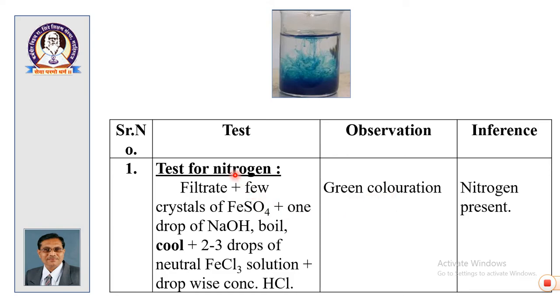See the set of reactions again. You begin with the filtrate, add FeSO4, add NaOH. The sequence has to be monitored carefully. Filtrate, FeSO4, then sodium hydroxide, boil, cool, then add FeCl3 and then acidify. So green coloration or green precipitate or blue coloration or blue precipitate is obtained. It indicates presence of nitrogen.